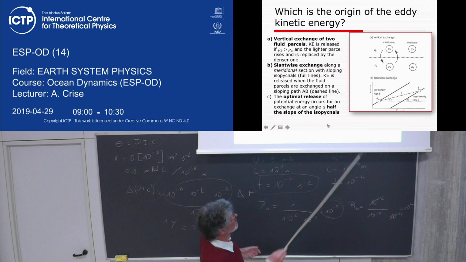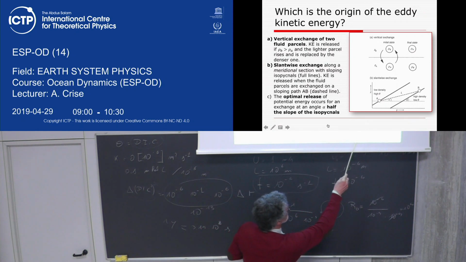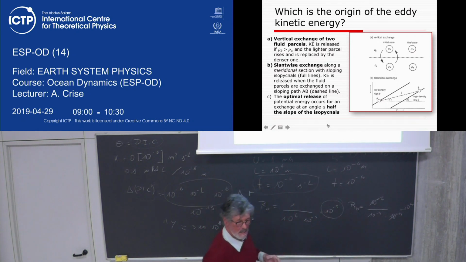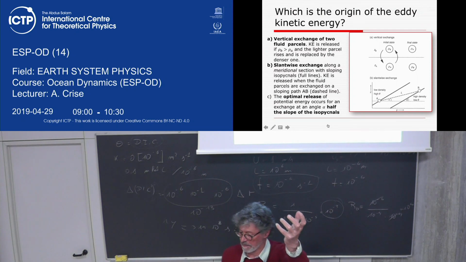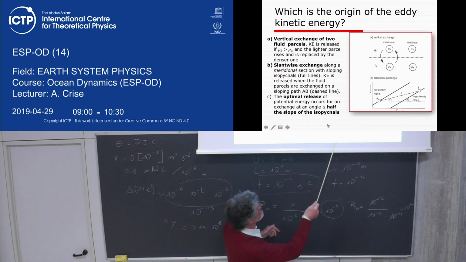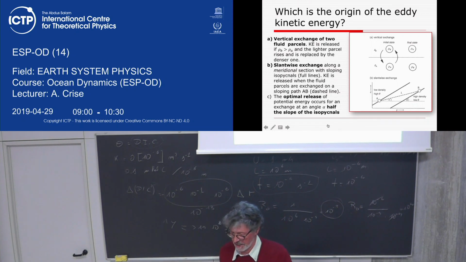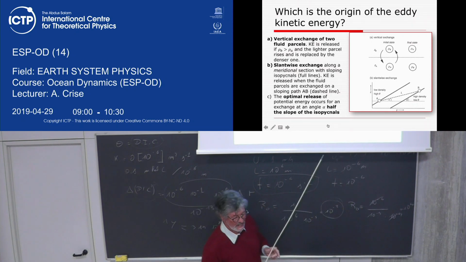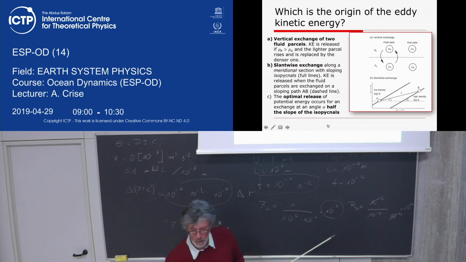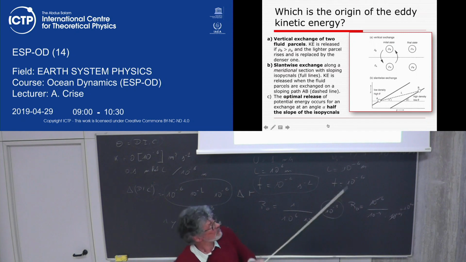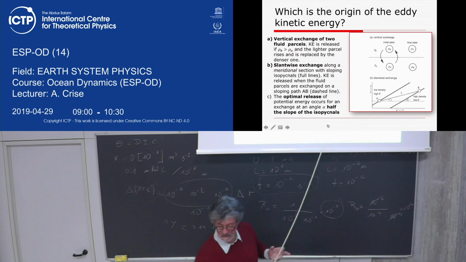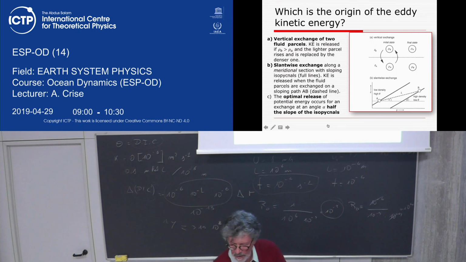You have a lighter water parcel in a denser medium, and it pops up, and vice versa. This is a natural exchange. Conversely, if this is lighter and this is denser, you have to do some work in order to create this displacement. This is quite intuitive and simple.